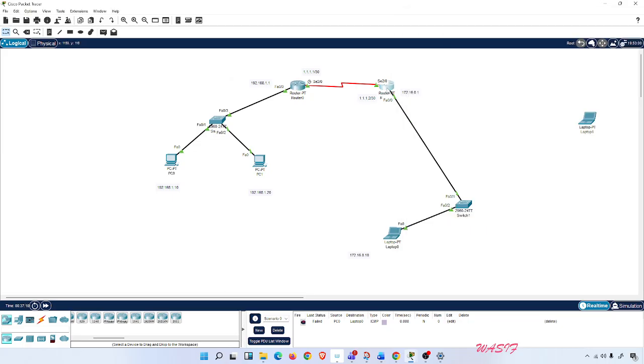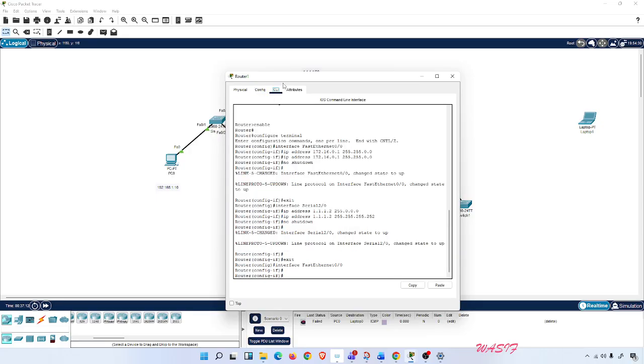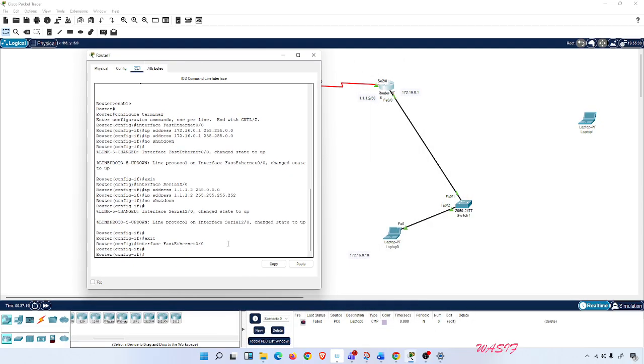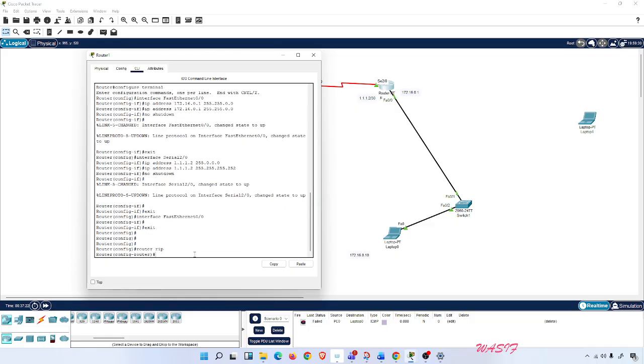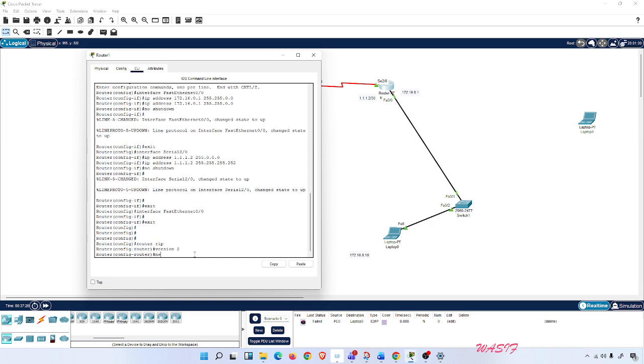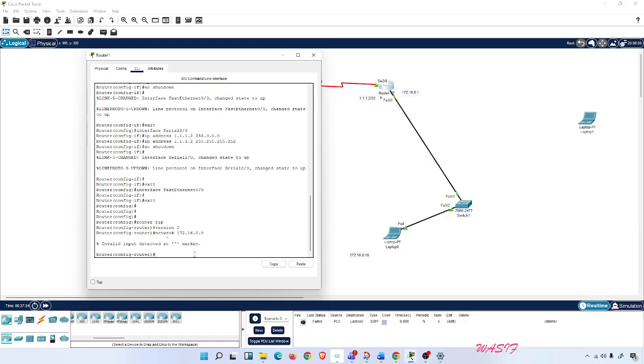And also if you come here, you need to configure the same routing protocol on both the devices. Okay, router RIP version 2, network 172.16.0.0.